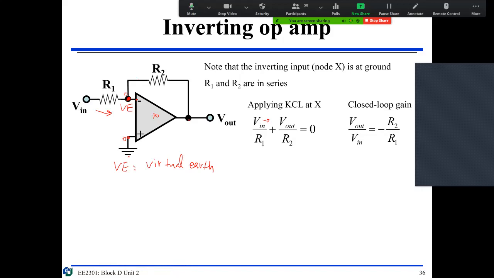V out minus, so this goes this way, minus 0. These two currents converge to the same point. While this current I in is 0, therefore anything added in should be 0. So that's the KCL.